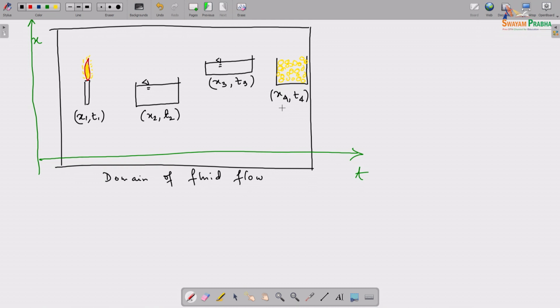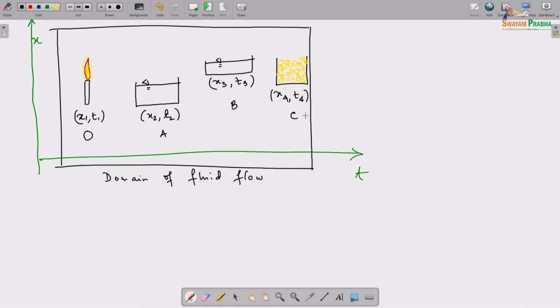Okay. So, I am going to call this O, right, or let us just write this here. So, this is O, this is A, this is B, and this is C. Okay.